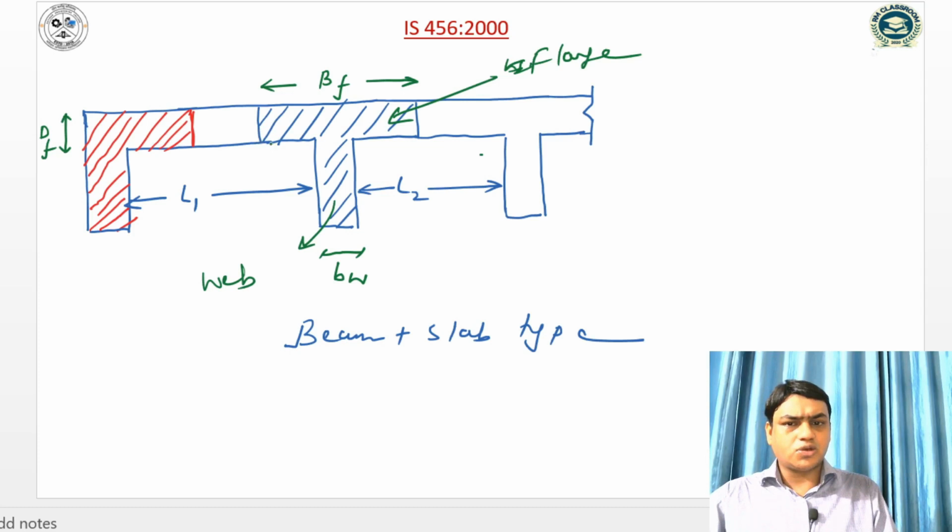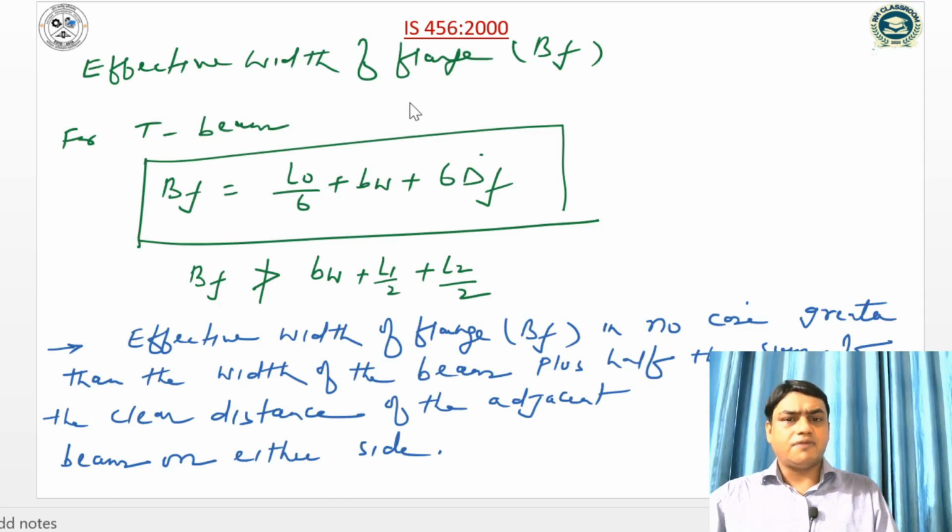So if I compute according to IS 456, the effective width of the flange in case of beam plus slab type and T section is L0 by 6 plus BW plus 6 DF. Here BW is the width of web or rib, DF is the thickness of slab or thickness of flange, and L0 is the distance between points of zero moment or points of contraflexure.